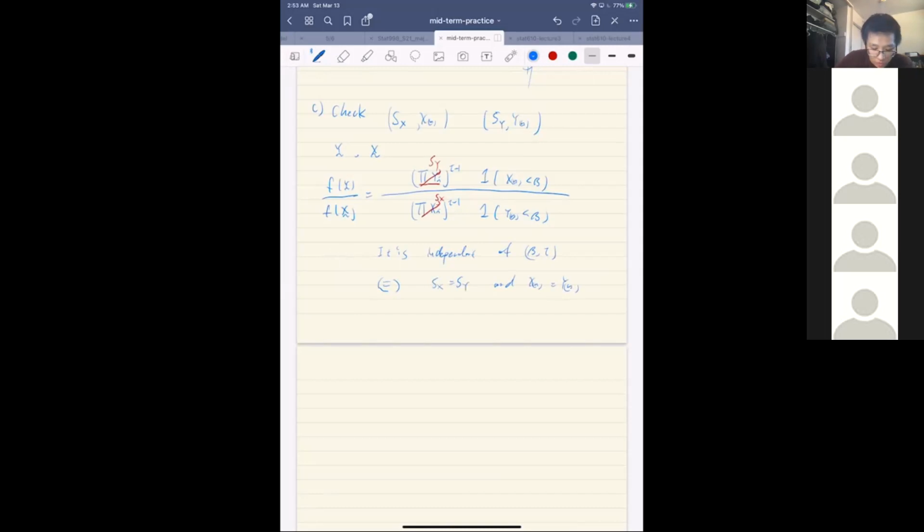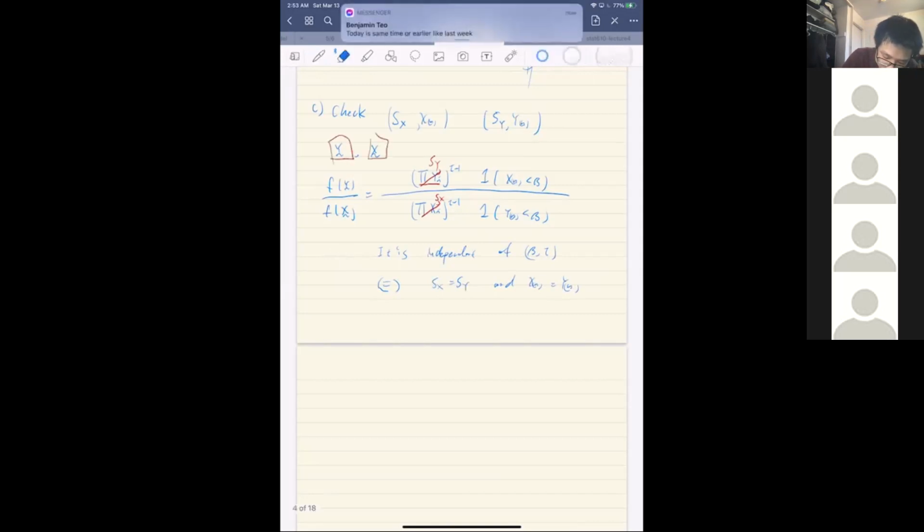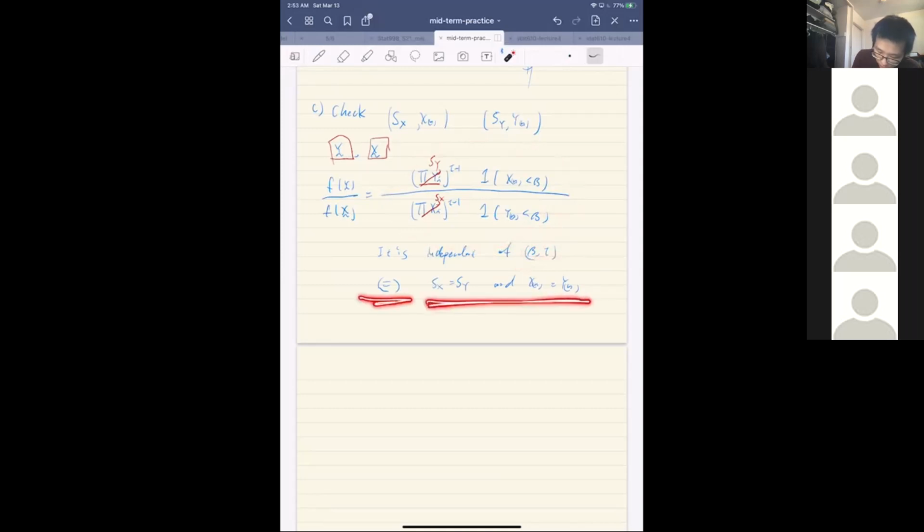Yes, just the ratio of PDF. So if we take any two different data sets, we find the ratio of the density, and the ratio of the density is independent of beta and tau if and only if these two are the same.